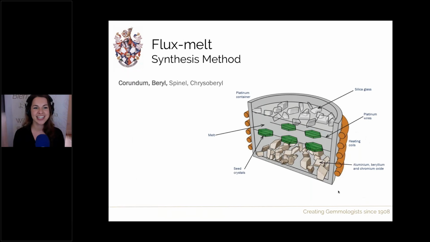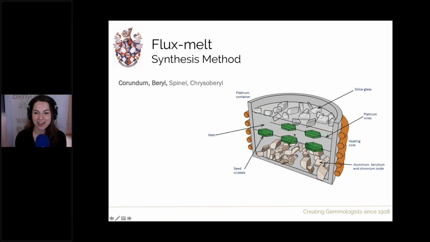Now let's move on to the next synthesis method. So onto your flux melt or flux grown synthetics. We use this method to grow corundum and beryl, as well as spinel and chrysoberyl. And like the name suggests, these are grown within a flux. A flux is a solid material that when molten has the capabilities of dissolving other materials.